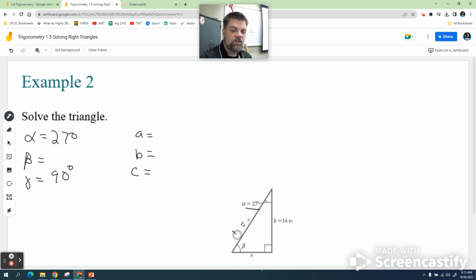C is across from the 90-degree angle, so that's the hypotenuse. A is across from the angle, so that's the opposite. B touches the angle, so that is the adjacent. Okay? Well, they tell us that B is 14.